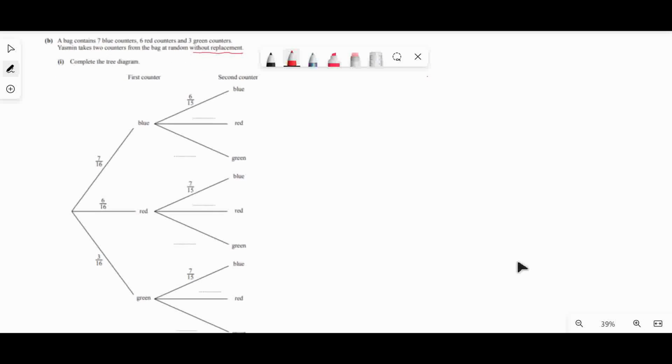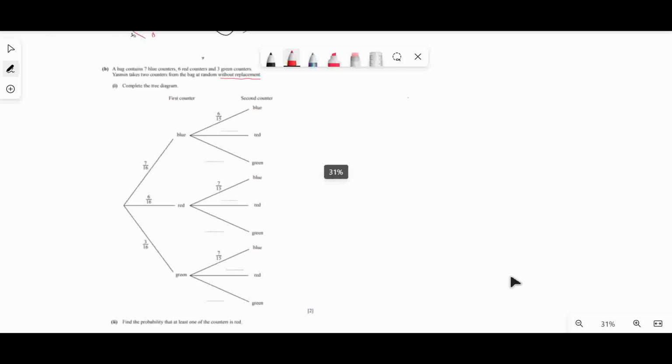Now from here we can see that we have to first of all complete the diagram. So as we can see that she's picking blue here, so it means that red won't affect. So red will be 6 by 15. Here this green will be 3 by 15.